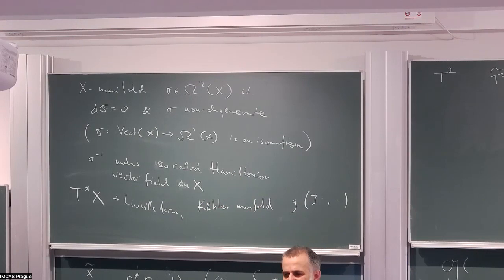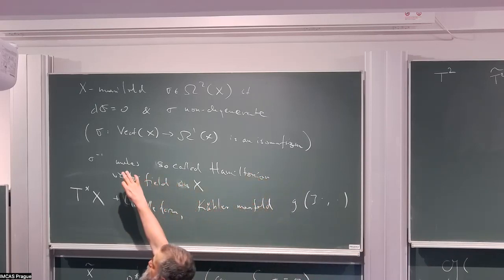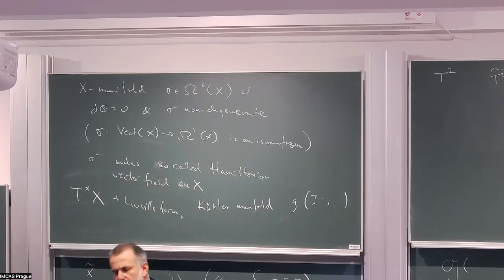There is a little discrepancy between Hamiltonian diffeomorphisms and those diffeomorphisms which preserve sigma. Those groups differ a little, but not that much.